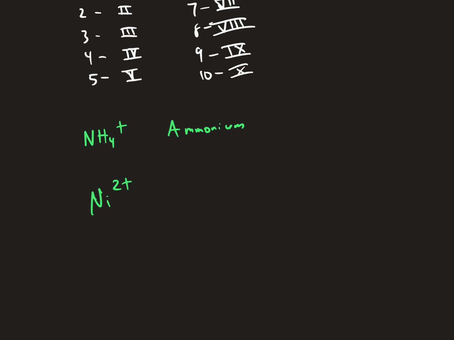Is it a main group element or a transition element? Yeah, you're going to have to look on the periodic table and find them and know which ones are transition, right? You don't have to memorize where these are. So this is a transition metal, so we need a Roman numeral to represent the charge. So what's this called? Nickel(II). Simple enough?